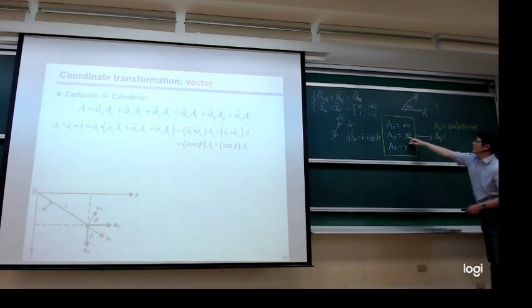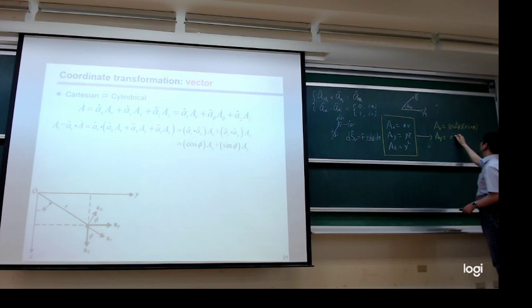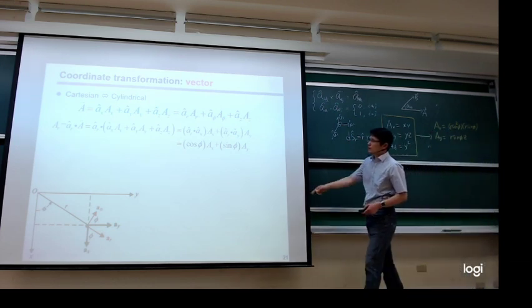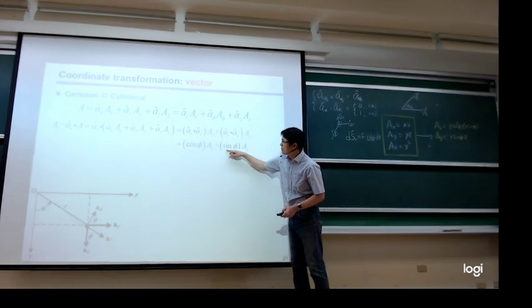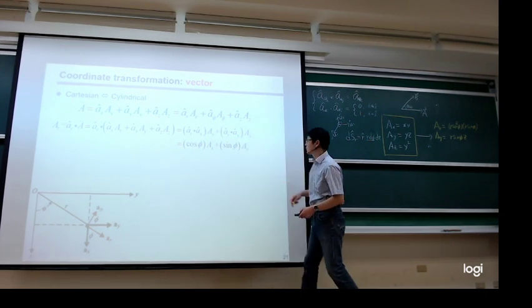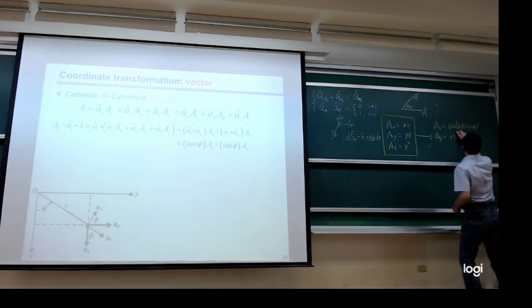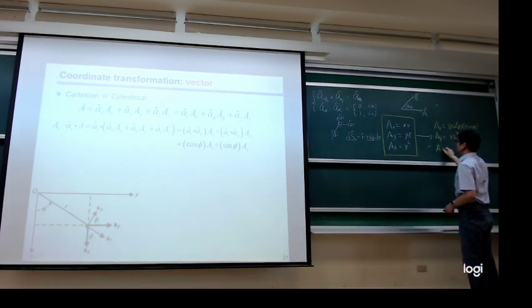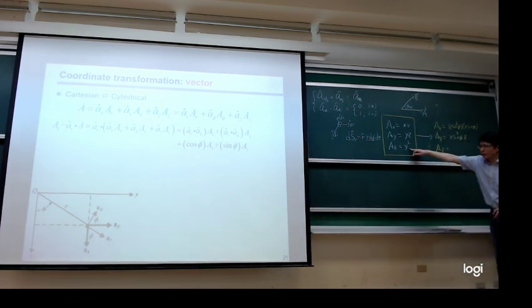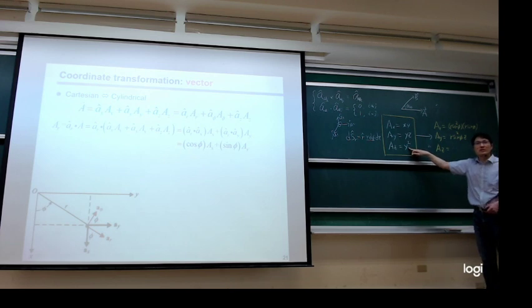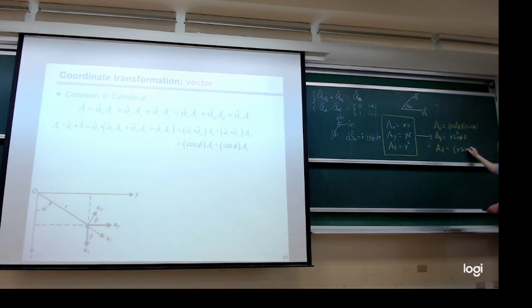A phi is y times z, so it's r sine phi times z, but you have to multiply the additional sine phi. Okay. AZ is y squared. But when you transform the vector into a new coordinate, you don't want to see x and y, right? So this is r sine phi squared.